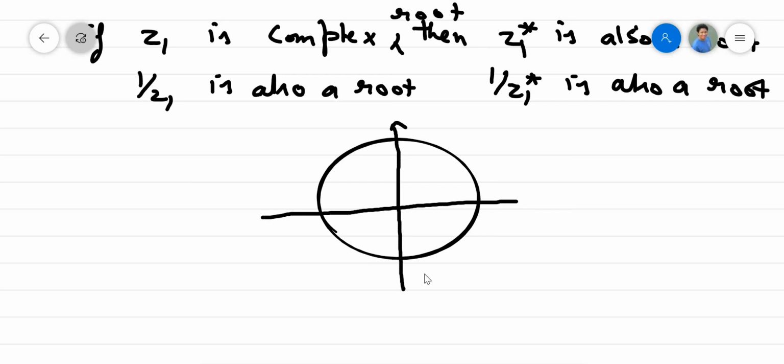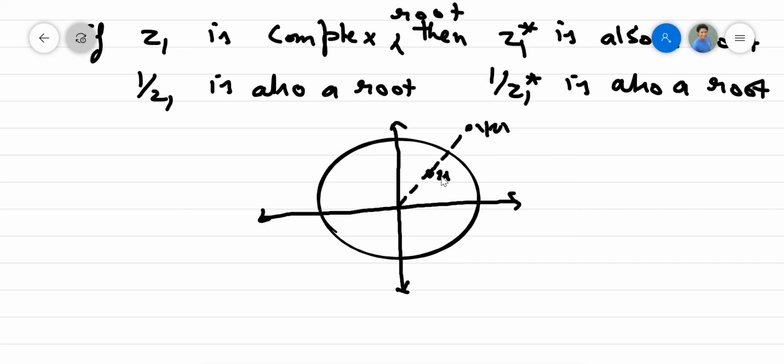Okay, so one can see this illustration from the pole zero mapping. We have plotted a very large unit circle, and we will have a few zeros at these points. If Z1 is located inside the unit circle, then there should be a zero at 1 by Z1.